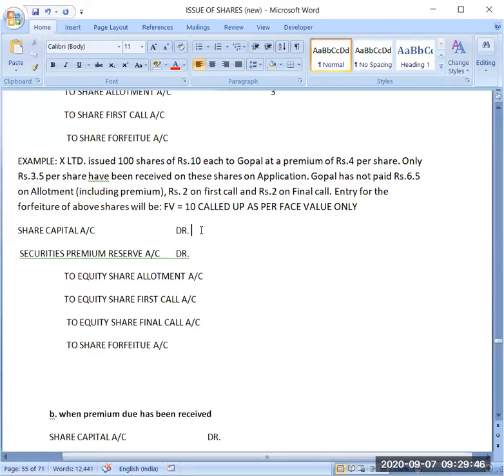So 100 multiplied by 10, it will become 1000, because I have given 100 shares to Gopal, that I am forfeiting. Yes, please. This amount is clear. Write each and every amount with logic. Now on 100 shares, I have not received the premium. On one share, premium is rupees 4. That's why the premium will be 400.